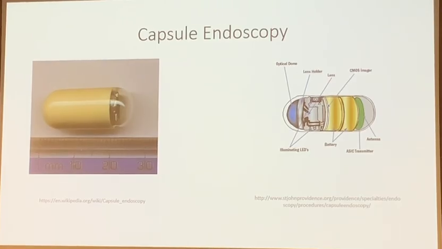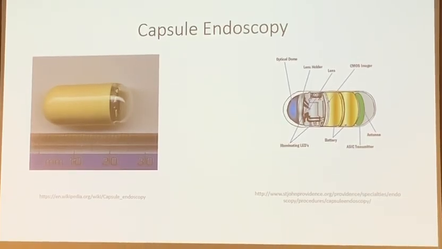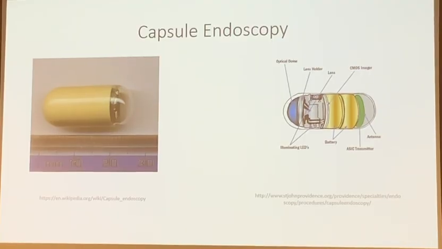You inflate the distal balloon first, then pull the bowel and accumulate the bowel, then inflate the proximal balloon, and then push the scope like a telescope, like several scopes inside each other. You keep accumulating bowel and then pushing the telescope.